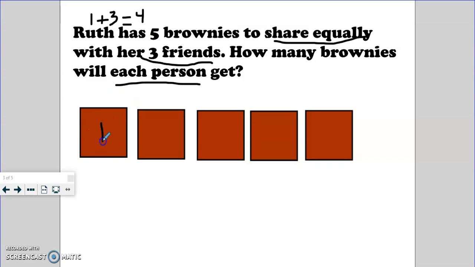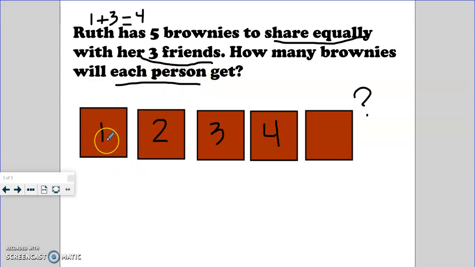So Ruth gets 1, friend number 1 gets 1, friend number 2 gets 1, friend number 3 gets 1. But look, we have 1 brownie left over. So what can we do to this brownie? How many pieces can we break it up into in order to equally share with each person?